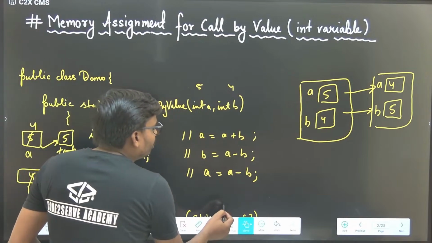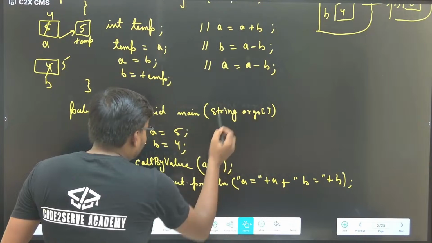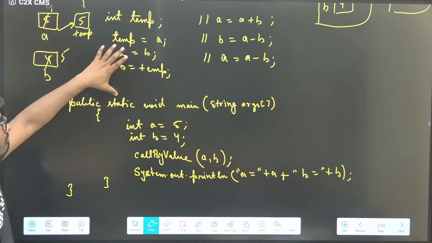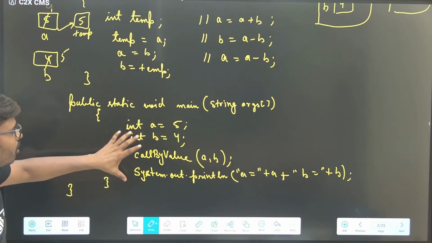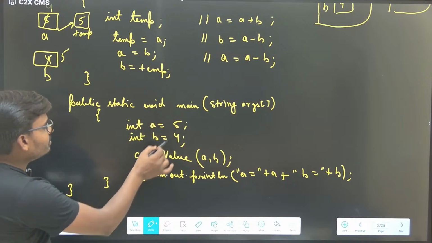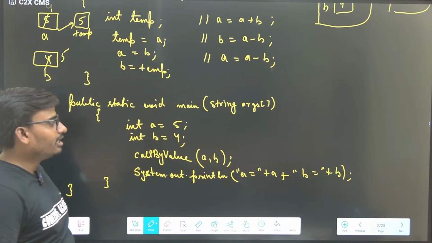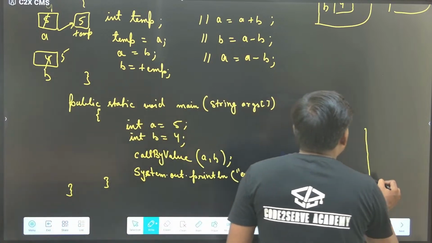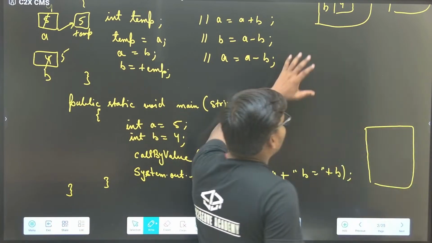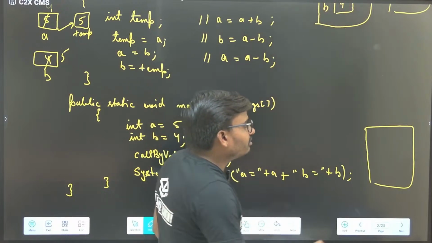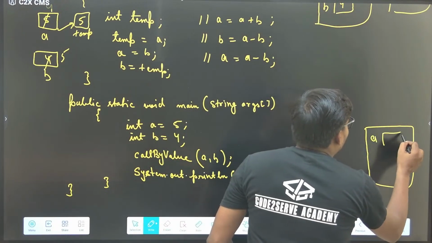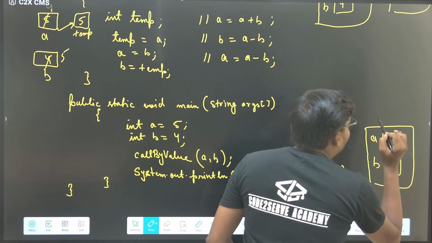Now think of this function being called from the main method. Inside the main method we also have two variables, int a and int b. Here there is a separate copy in the memory, a separate copy of a and a separate copy of b.